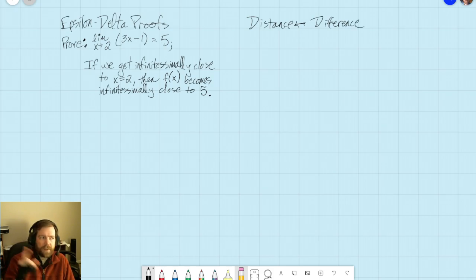So the distance and the difference of two numbers are going to be the same thing. So if we are a certain distance away from something, then the difference between that number and our number is going to be the distance that they are apart.